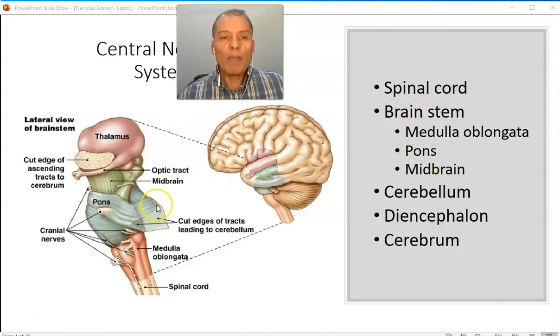Like the brainstem has 3 pieces: the medulla oblongata, the pons, and the midbrain. The cerebellum, of course, by itself is one big structure, but it has other pieces. The diencephalon is made out of 2 pieces, the thalamus and the hypothalamus. And then the cerebrum has many different landmarks that we will discuss.